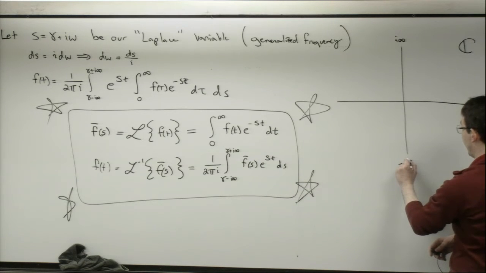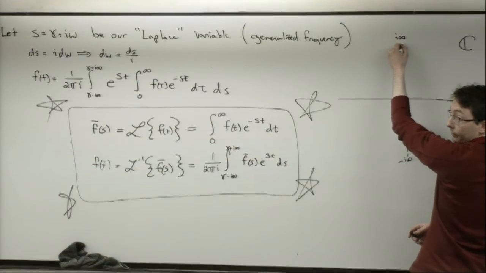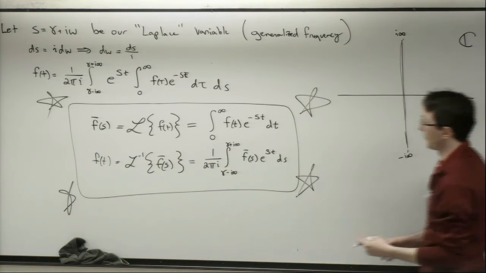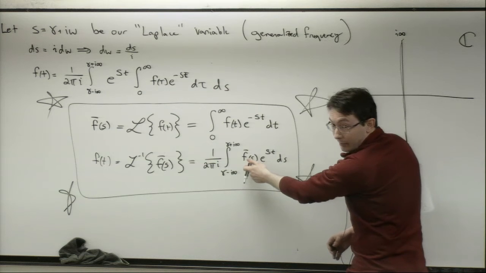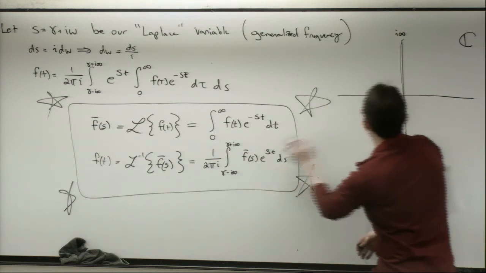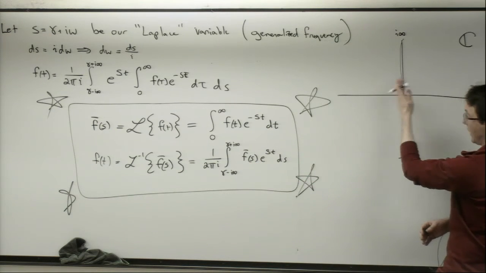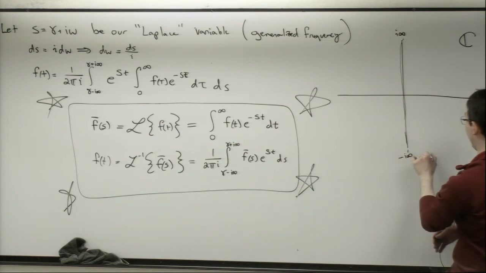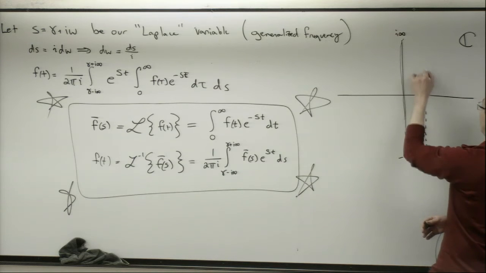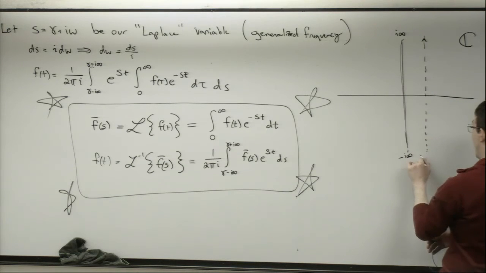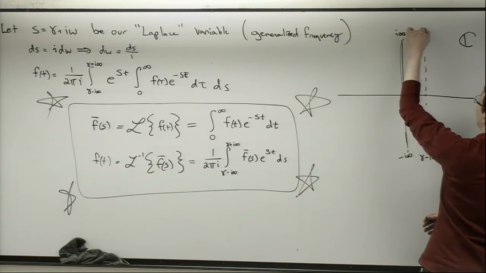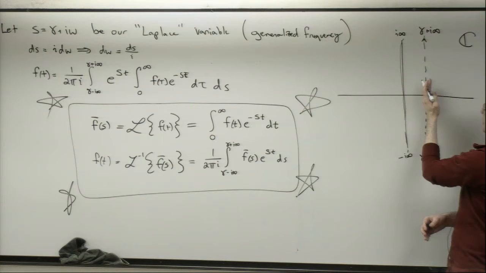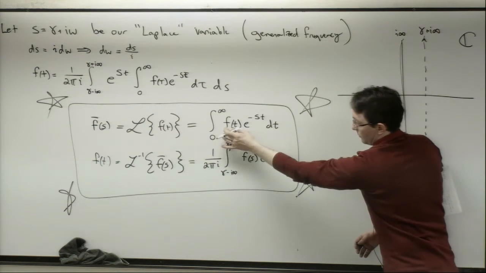So I would integrate from here all the way up here, and that's how I would get my inverse Fourier transform. But now because my function f might be unstable, I have to multiply it by some e to the minus gamma t. And so my inverse Laplace transform contour integral is along this curve from gamma minus i infinity up to gamma plus i infinity, where gamma is larger than the largest growth of f.